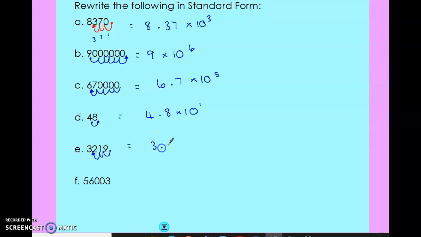So we get 3.219 times 10 to the power of 3. And the last one, we've got 56,003. My aim is to get my decimal point here. So we've got 5.6003 times 10 to the power of, and times by 10, 1, 2, 3, 4 times to get back to where we started. So it'll be times 10 to the power of 4.